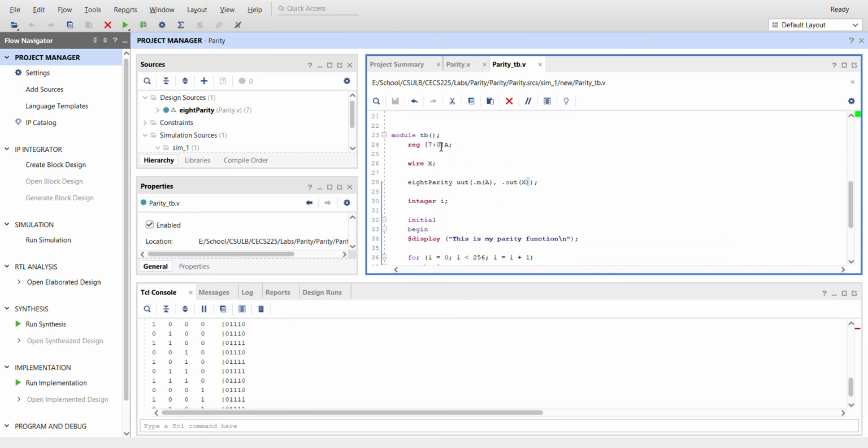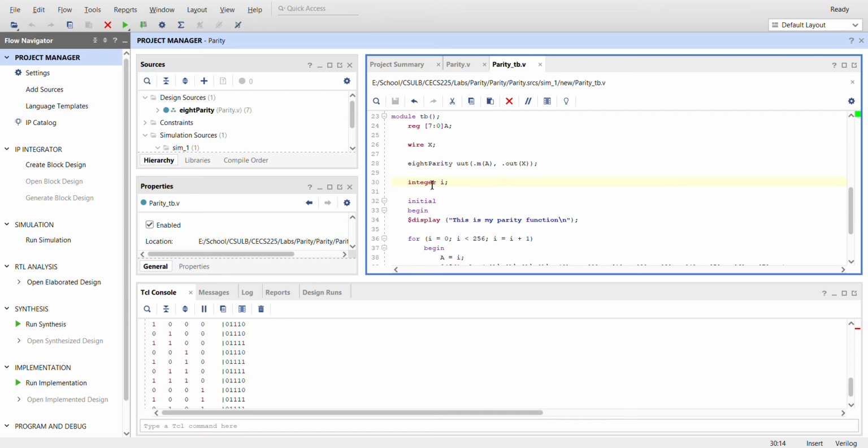And this is the test bench. So again, there's one that's A, 0 to 7, so 8 of them, and X. And UUT for 8 parity, A and X. And this is for the for statement down here.